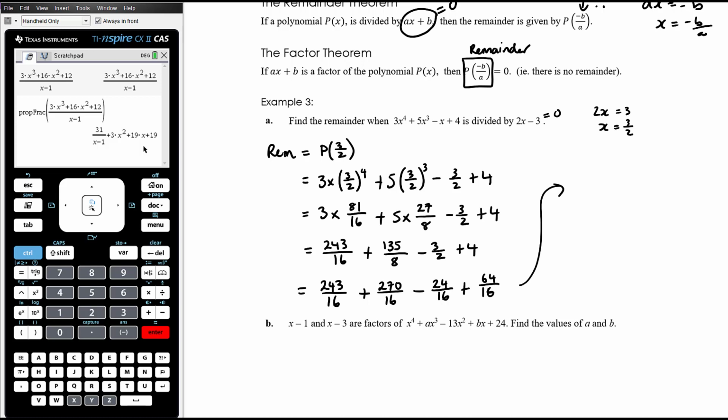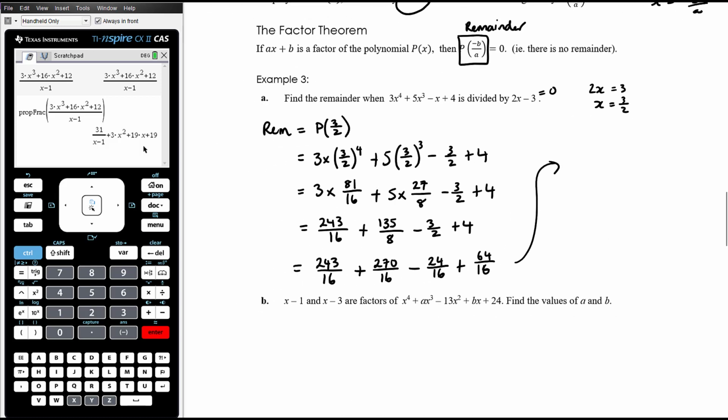So again, you want to be a bit strategic, so think about what you might be able to group together to make the calculation easier. So negative 24 plus 64 is 64 minus 24, so that's going to be 40 on 16. So, you know, if you can think about those sorts of things, that can help. So what have we got? 243 plus 270.